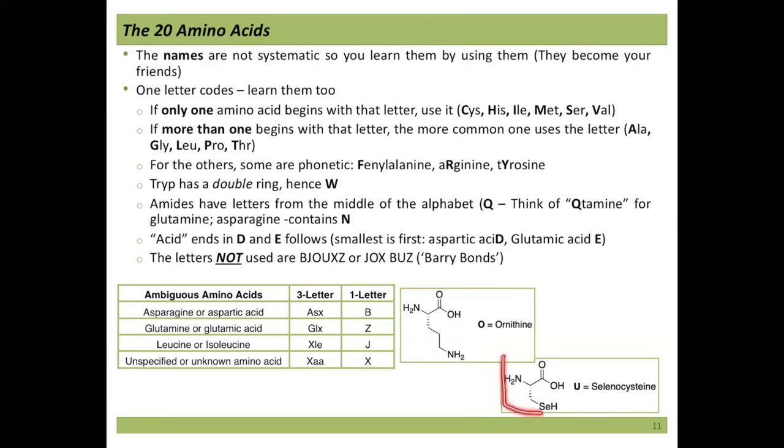Now, we have found organisms that include a 21st amino acid known as selenocysteine. We also have selenocysteine, but we include this in our proteins post synthesis, while there are organisms that include selenocysteine directly at the ribosome. But anyway, it's got a code of U.